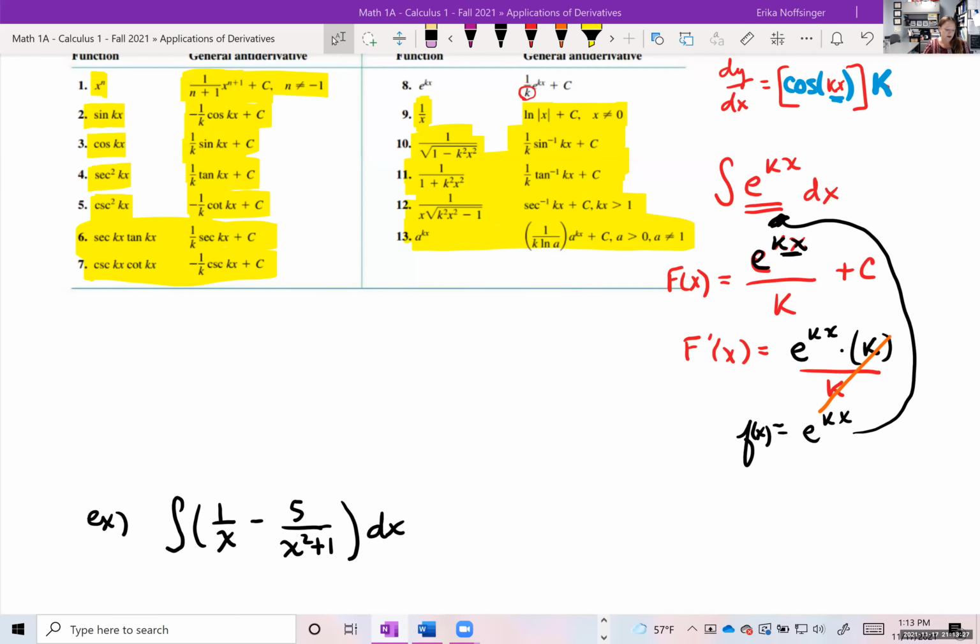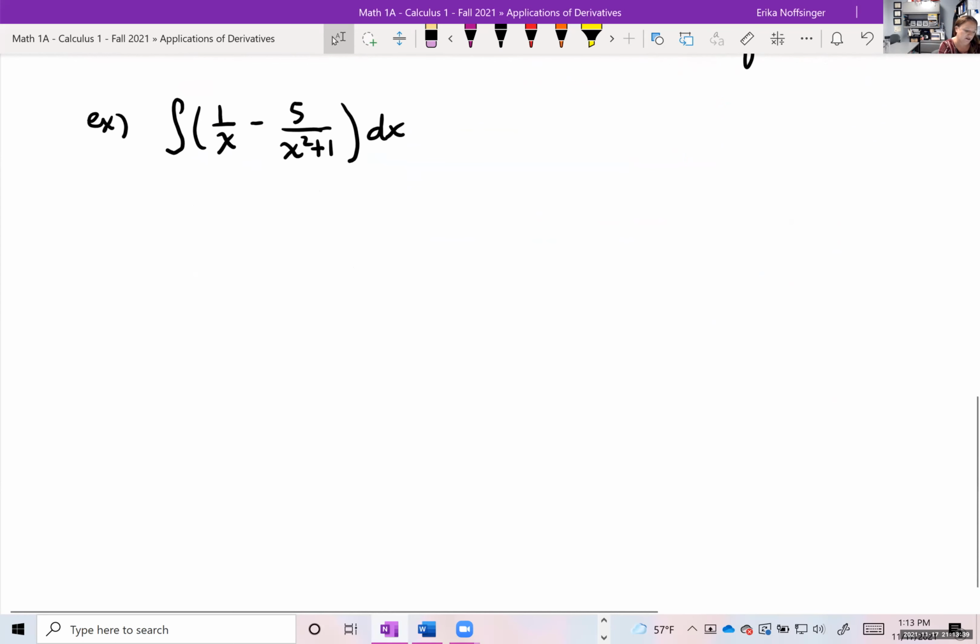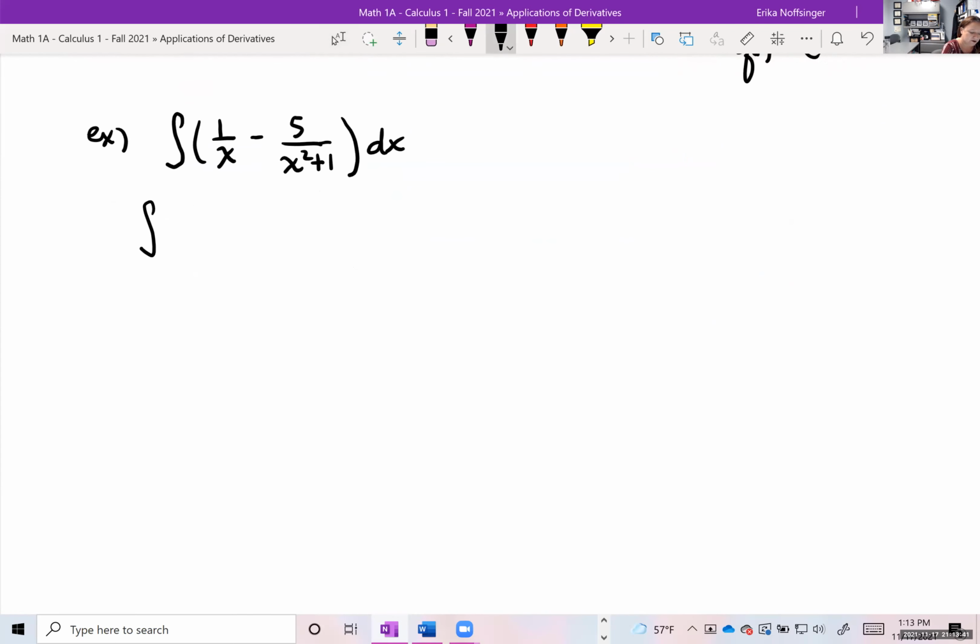Okay, so our example that we pulled is the integral of (1 over x minus 5 all over x squared plus 1) dx. So we can rewrite this using our rules of derivatives. Let's just do that for now, but normally I don't write this out. We have the integral of 1 over x dx minus, let's pull that coefficient, 5 times that fraction 1 over x squared plus 1, so let's pull the 5 outside of our integral of 1 over x squared plus 1 dx.